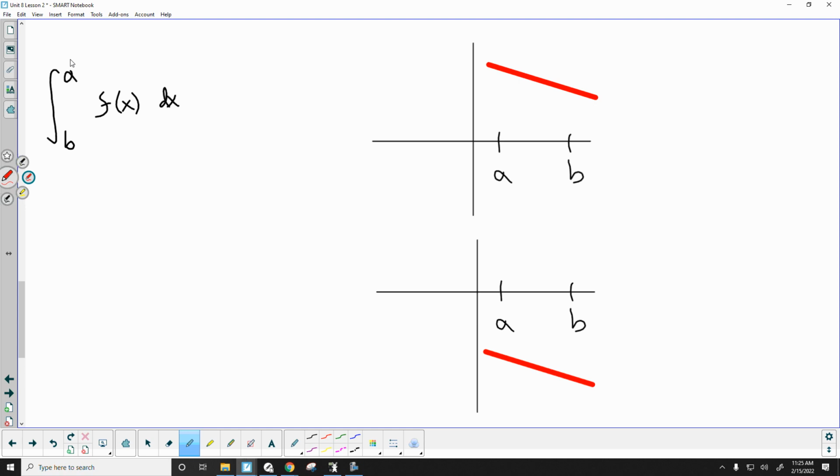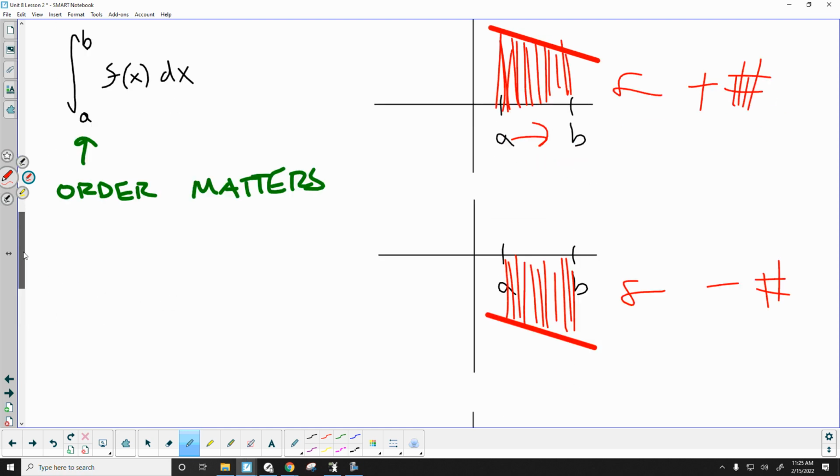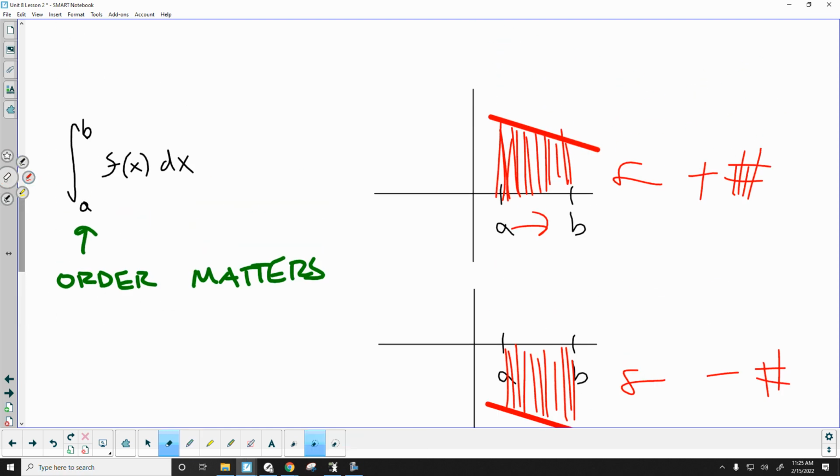Now, you guys have an understanding of this already. For example, if I told you that my displacement from A to B was 5, okay? That means I ended up 5 to the right of where I started.